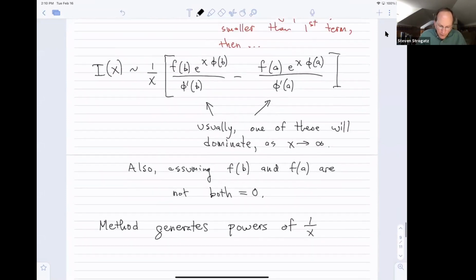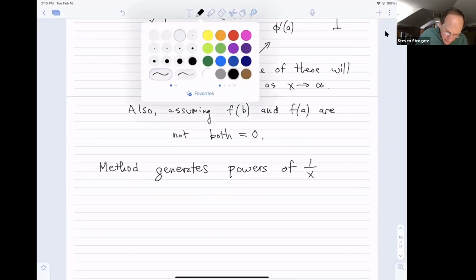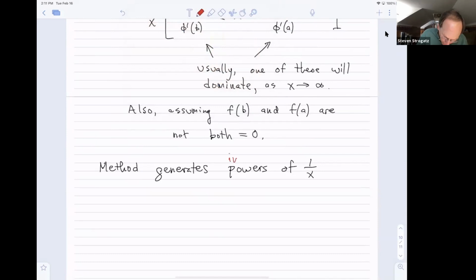Like if you look back here, I've got this 1 over x behavior times something else that depends on x here and here. But as far as the powers, you're getting 1 over x, an integer power of x. So I should emphasize that it means generating integer powers of x.